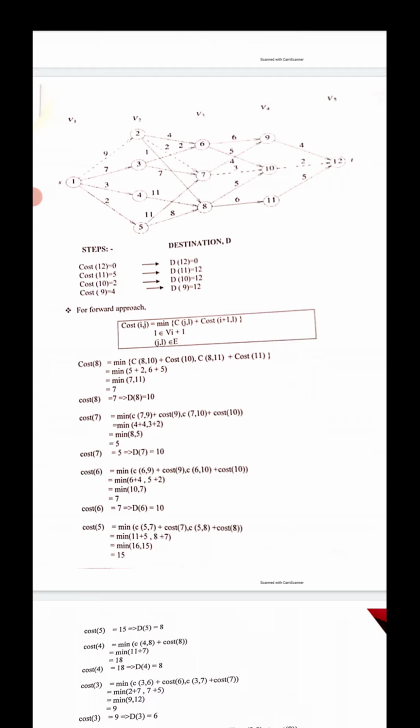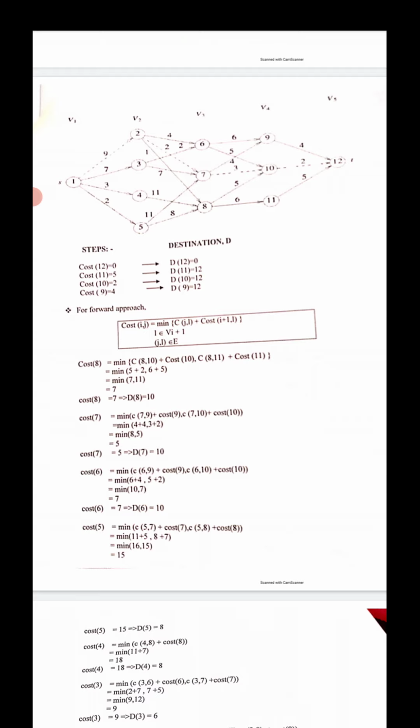The other option is c of 8 comma 11, plus the cost of 11, since the 8th node can reach the 10th node and the 11th node. Now we calculate the minimum.